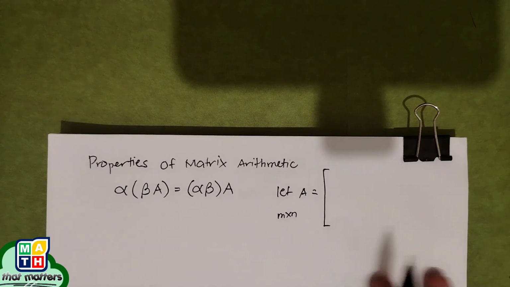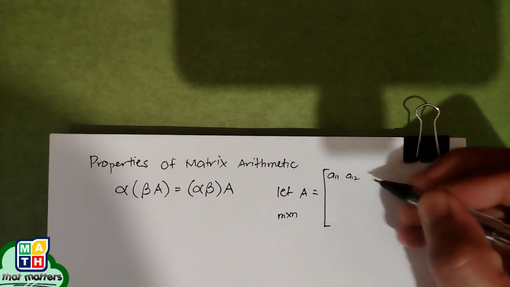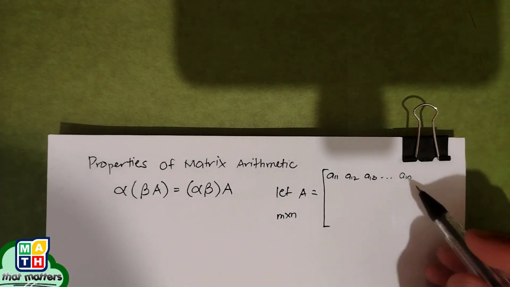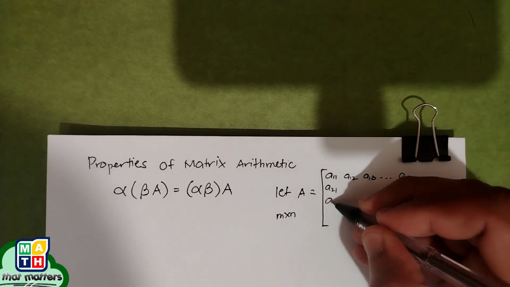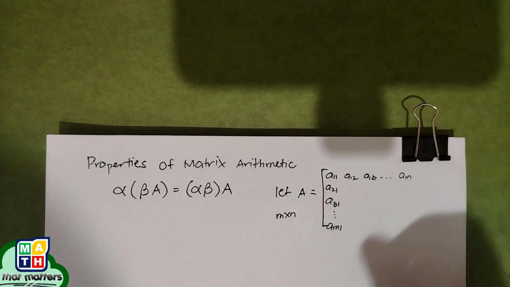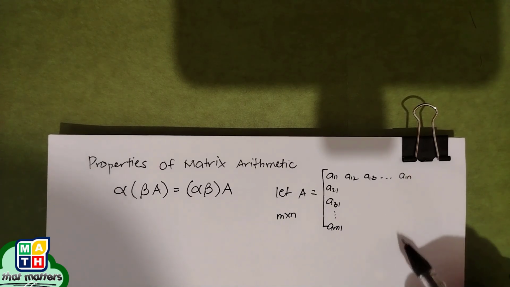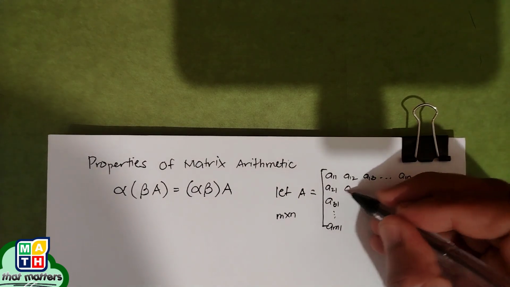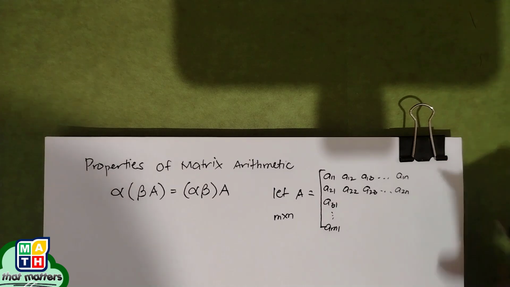For that, we can express our A in this manner. You have A11, A12, A13 until your nth column. And for the rows, you will have A21, A31 until your mth row. You would say this is correct because you could have a final component which corresponds to mn. If we continue, A22, A23, A2n.